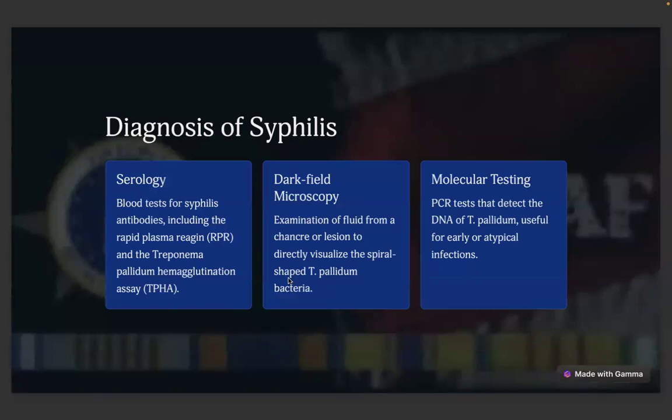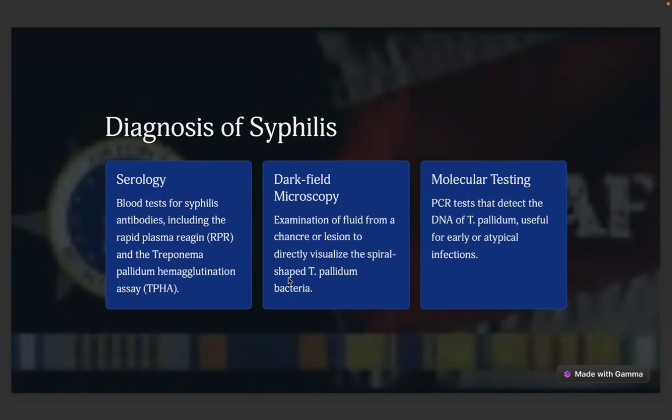Another topic that we want to discuss for this bacterium is the diagnosis. We have already said that this patient has Treponema pallidum or has syphilis. So how do I make sure that this bacterium is the causative agent for this syphilis? There are a lot of ways to diagnose this bacterium.